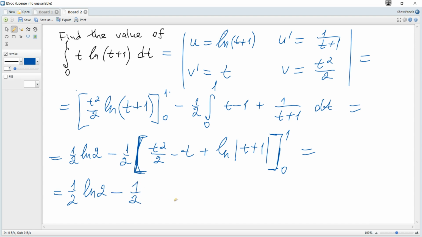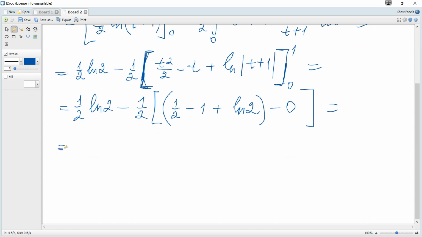And let's just calculate it. So minus a half, and the upper limit 1, so it becomes a half minus 1 plus ln 2, and minus, consider the lower limit when t is 0, it's 0, ln of 1 is also 0, so it's minus 0.